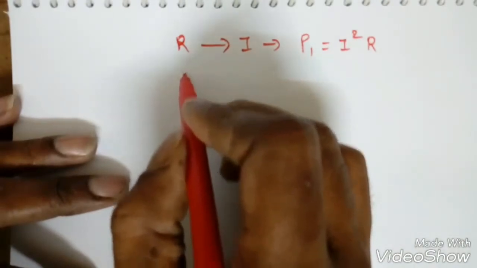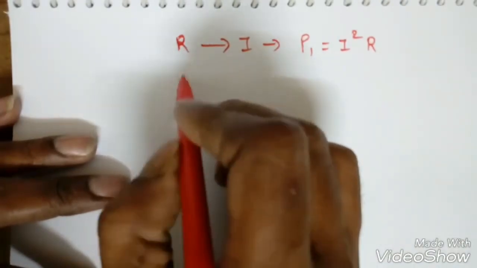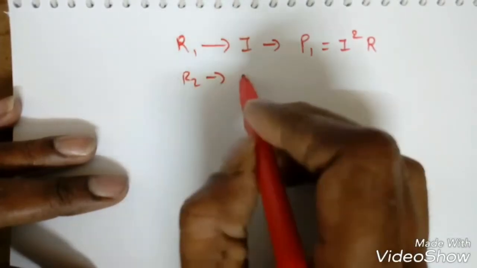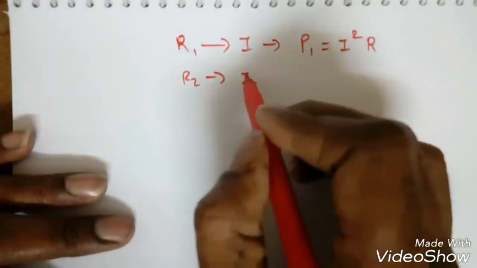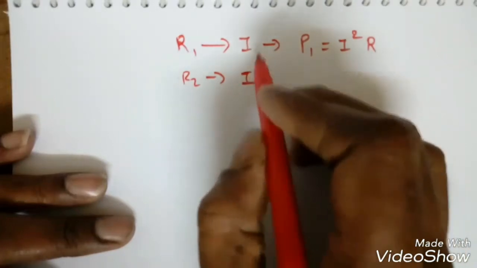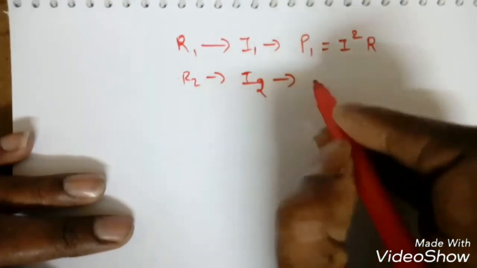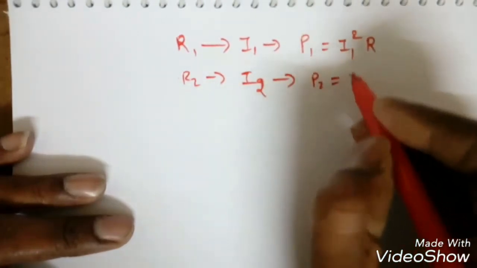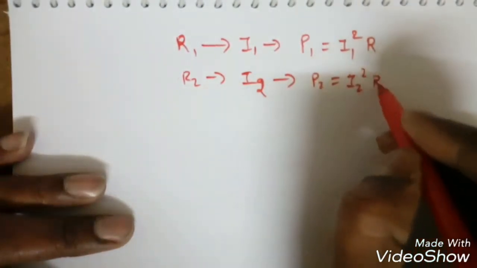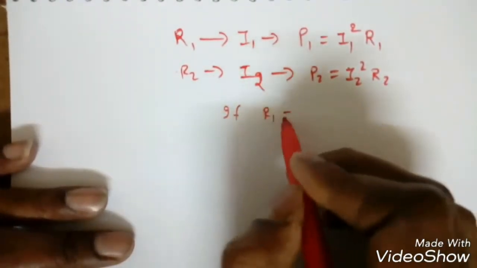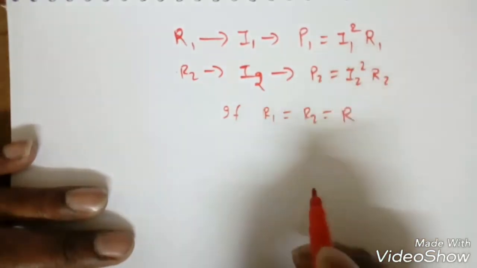Similarly, there is one more resistance, R1 and R2 suppose, with a different current I2, and P2 is equal to I2 square R. If R1 is equal to R2 is equal to R, right?